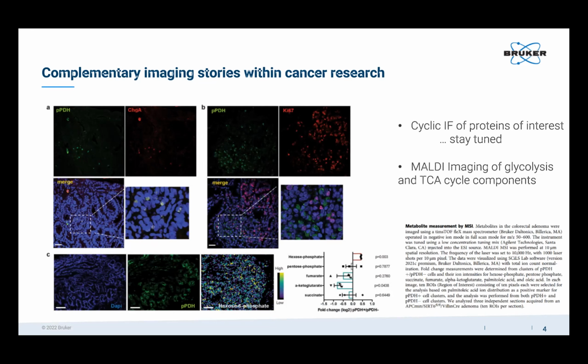But near the end of my presentation, I'll show you how MALDI imaging can now start to answer these questions and build within this story as well. For the small molecule portion, glycolysis and TCA cycle components are what was critical to use MALDI imaging for, which you can't access in an imaging sense from anything but mass spectrometry.